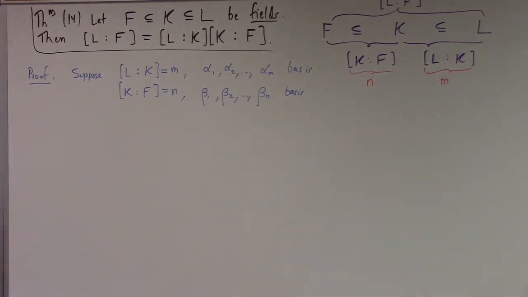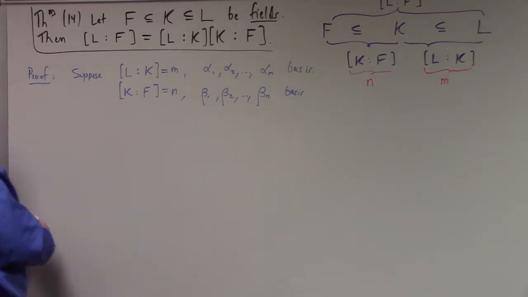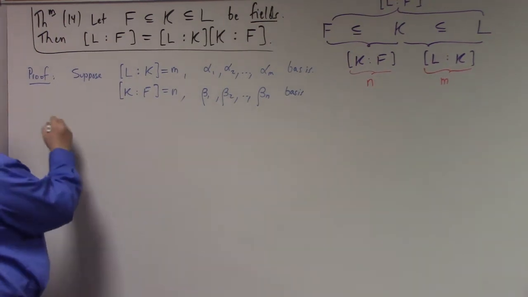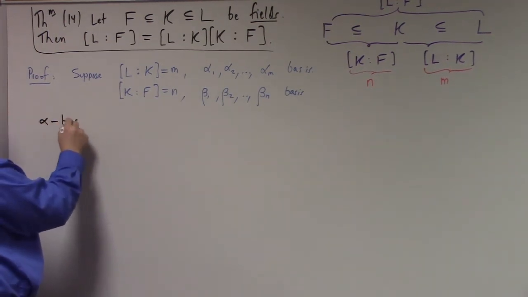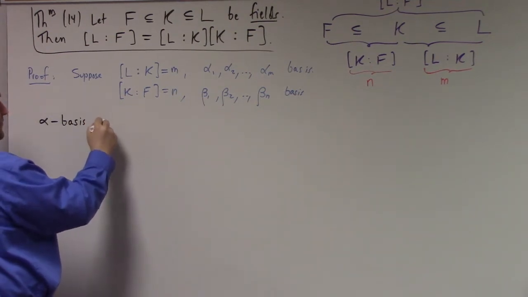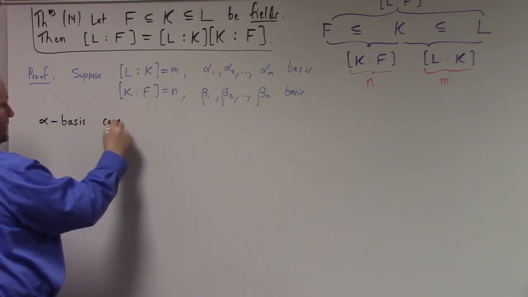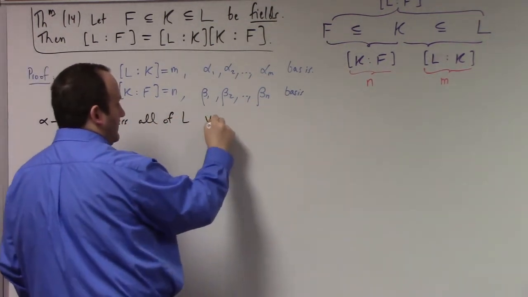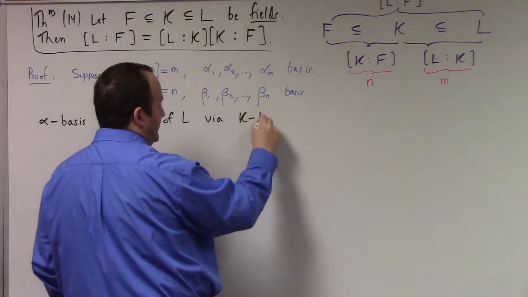Now, since we're dealing with two fields, let me be clear. The alpha basis covers all of L via K linear spans.